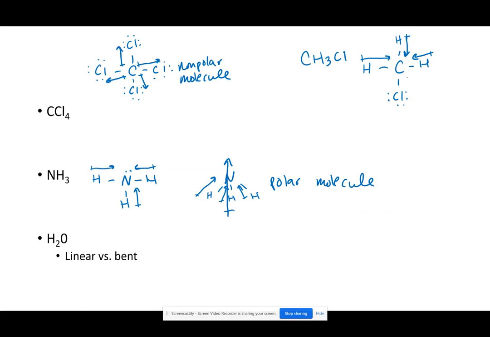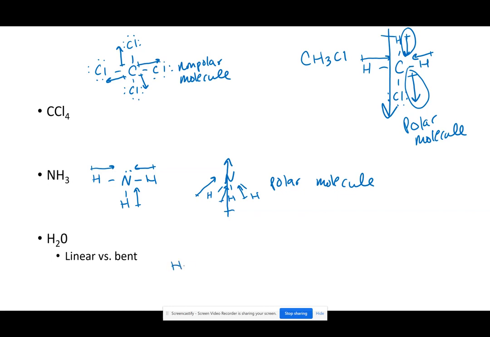So chlorine is more electronegative than carbon. So it has a dipole that goes that way. And if you look, I got two pointing down. So I actually do have a definitive dipole that goes from the top to the bottom. And so this is a polar molecule.